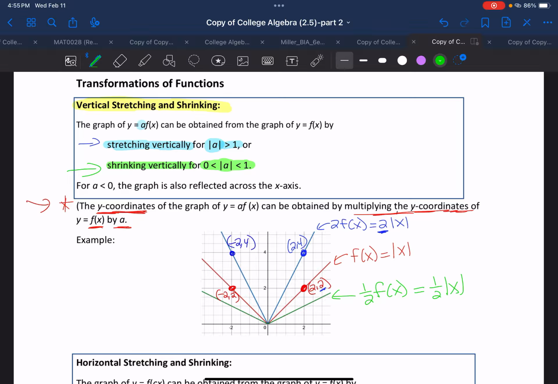And again, if I found this point here, the x value would be the same, but to get to that y value, I would multiply the red y value of 2 by 1/2. 2 times 1/2 is 1. So that point is (2, 1), and the other one is, my bad, (-2, 1).